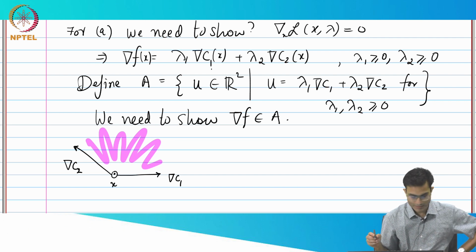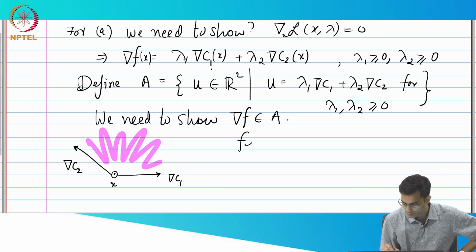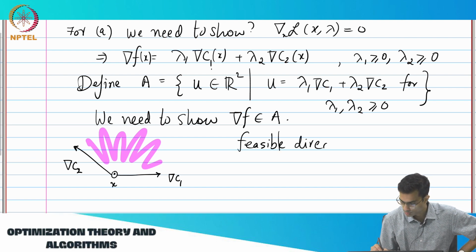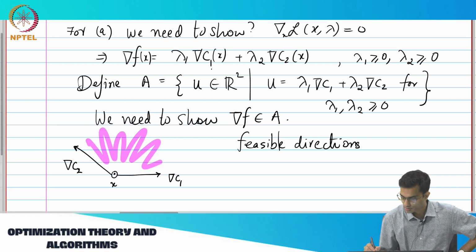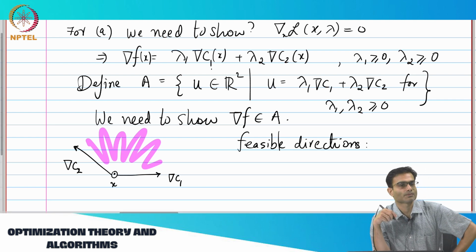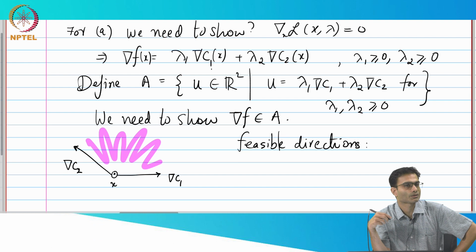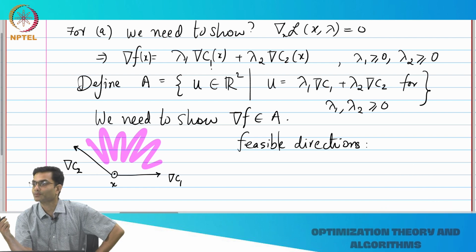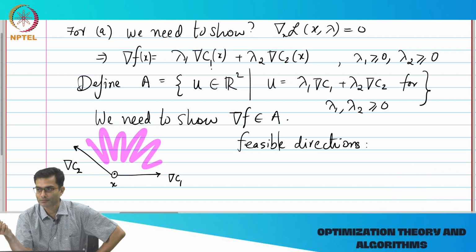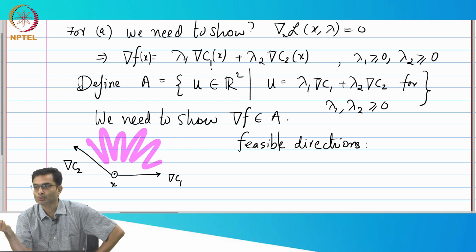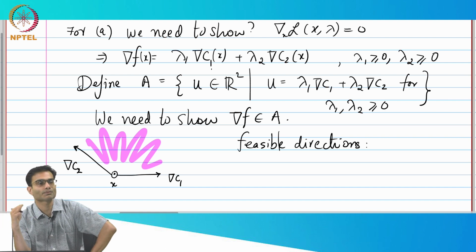Let's just sketch the feasible directions here. Does anyone remember how we define the feasible directions given grad C1, grad C2? What do I start with? I need grad C1, then, no, linearized feasible directions.